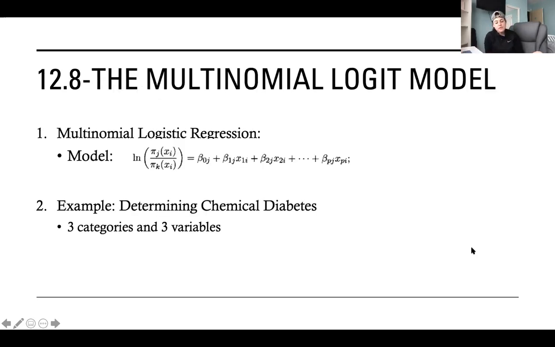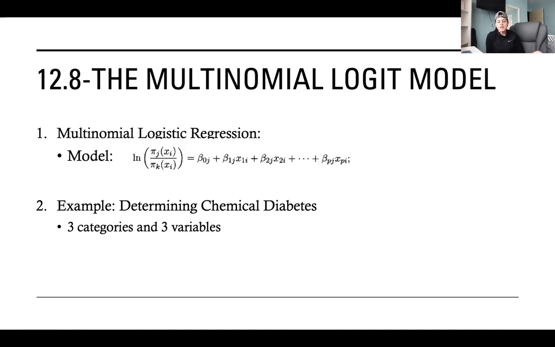Awesome. So now we're going to move on to section 12.8, which is the multinomial logit model. In logistic regression, models can be used with more than 2 values. Variables can also be ordered and non-ordered. So first, we're going to take a look at the multinomial logistic regression.